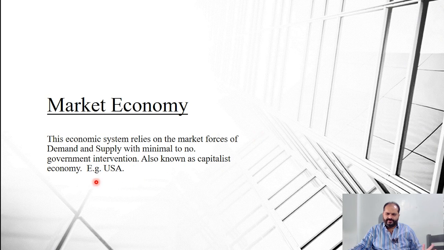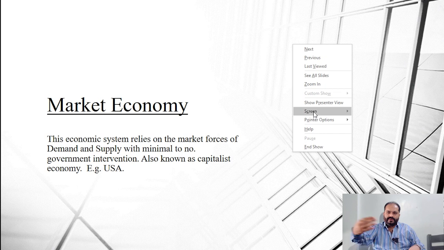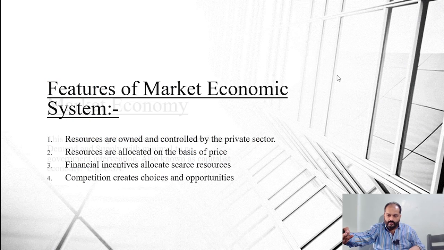The features of market economy: number one, resources are owned and controlled by the private sector. All of the resources that are supposed to be allocated to someone. For example, if you're working hard, you will get better resources, or you will be able to afford a better car or better house for yourself. So resources are allocated, owned and controlled by the private sector.